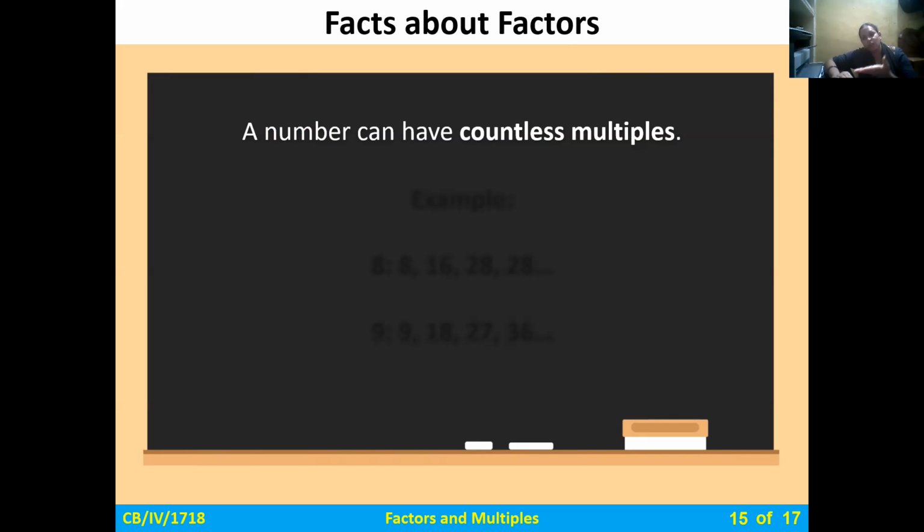But the moment you jump, 7 elevens are 77. So here comes the table of 11. So we learn tables till 10.